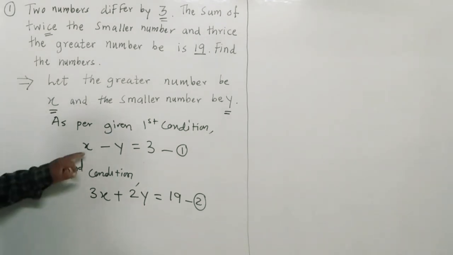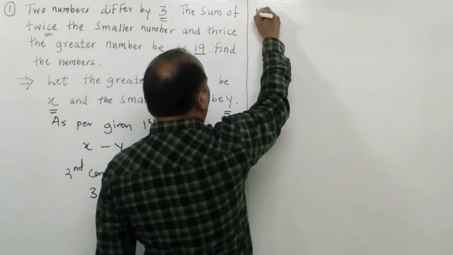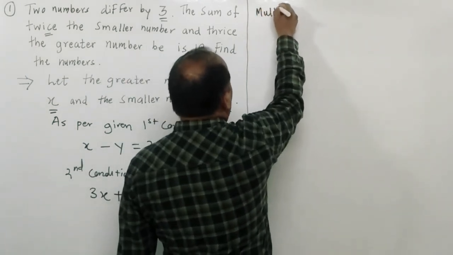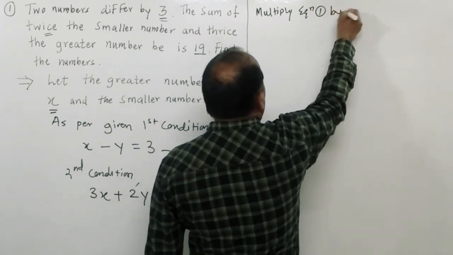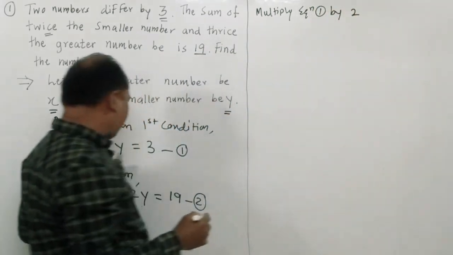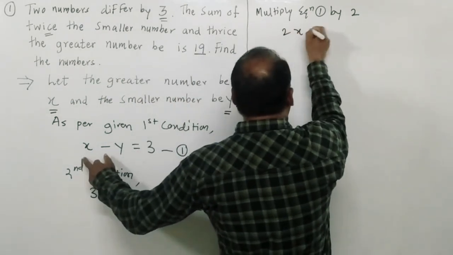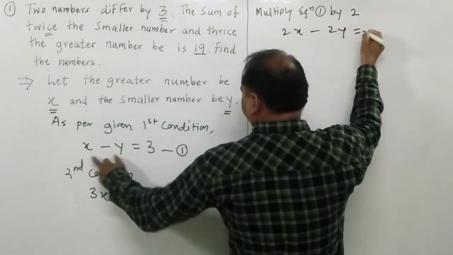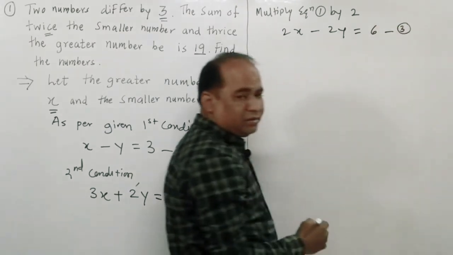So first multiply equation 1 by 2. When we multiply equation 1 by 2, we will get 2x minus 2y is equal to 6. This is equation number 3.